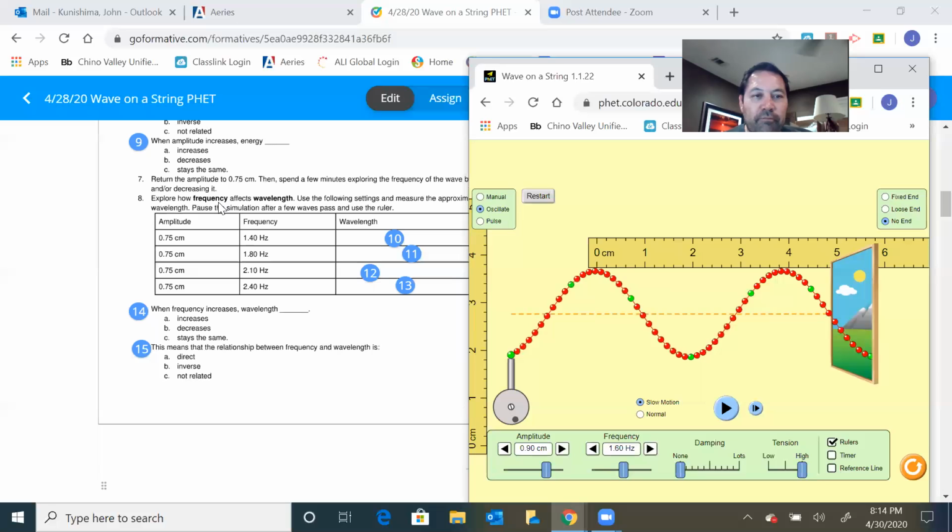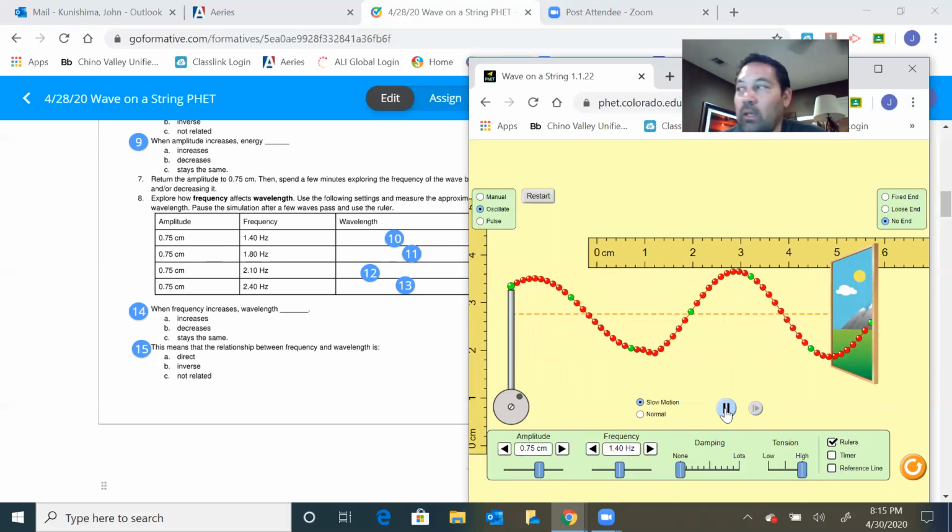It says explore frequency, how frequency affects the wavelength. So it says put the amplitude to 0.75. Put the frequency to 1.4. And we're going to hit play and let it calibrate.